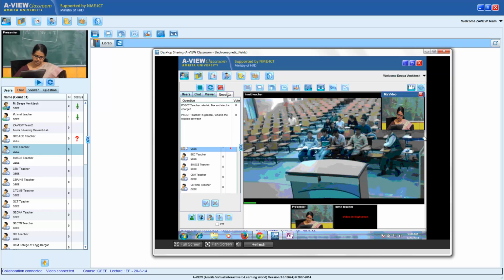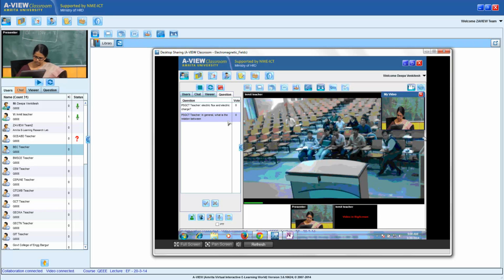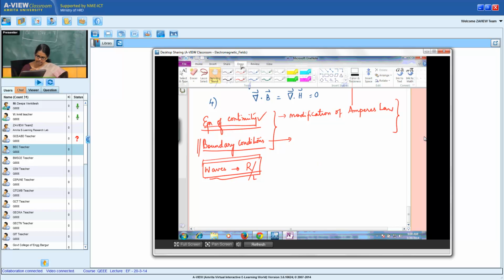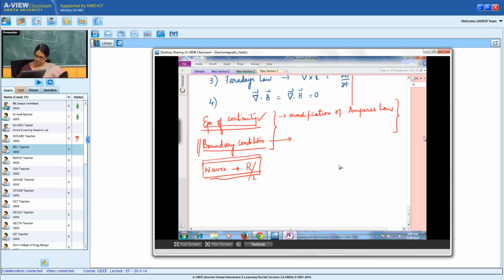I have a question here from PSGCT. In general, what is the relation between electric flux and electric charge? Remember our last discussion, or you can start from Gauss law itself. The differential form said this, or said the total flux is Q enclosed.